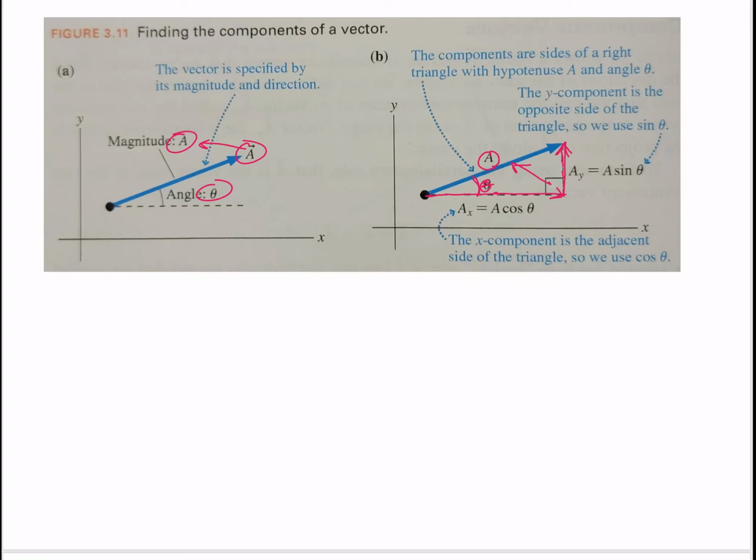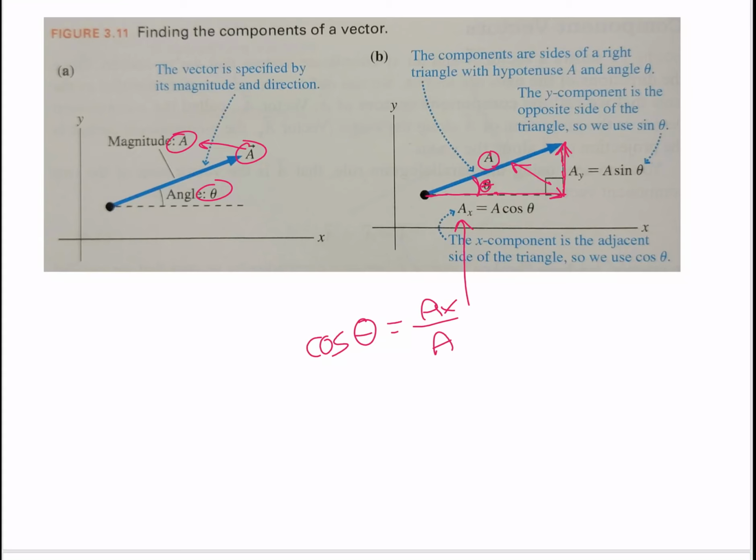Therefore, off to the side, we have cosine theta equals the adjacent side, which is a sub x, over the hypotenuse, which is a. And if I'm looking for a sub x, then I multiply both sides by a, and I wind up with a sub x equals a cosine theta. That's where that came from.